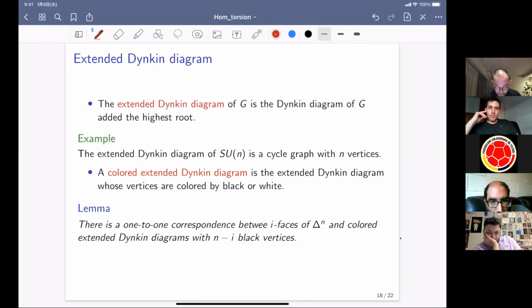There is a one-to-one correspondence between i-faces of Δ^n and colored extended Dynkin diagrams with n-i black vertices. So if you want to count the number of faces of, sorry, this is not Δ^n. Oh, okay, this is good.